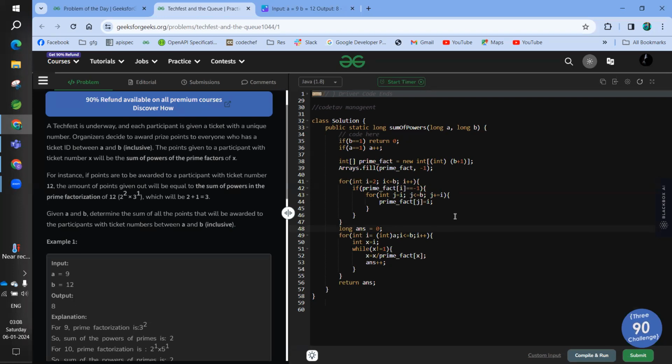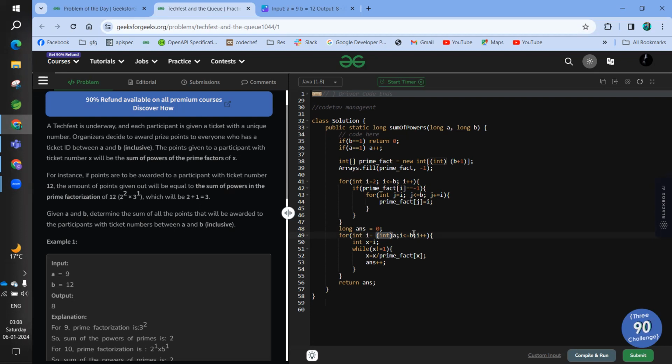The answer variable is used to accumulate the sum of the powers. The code then iterates through the numbers in the range from A to B.